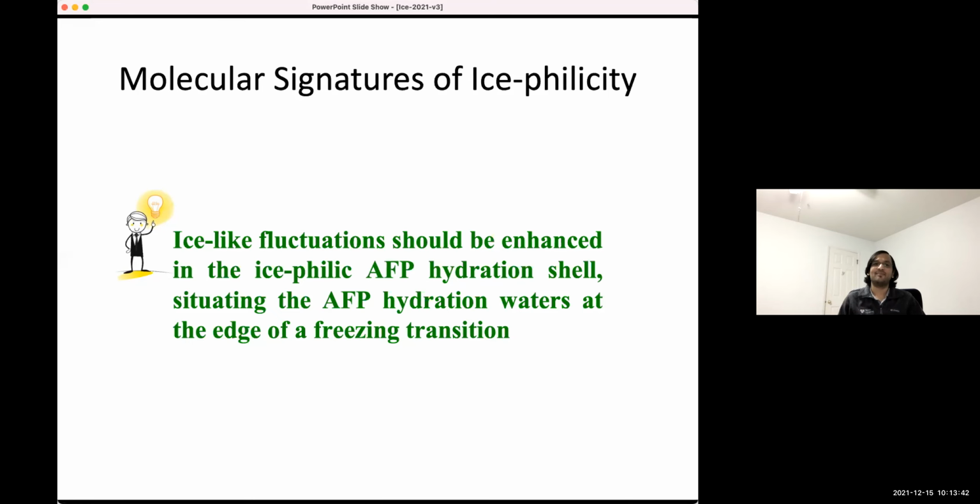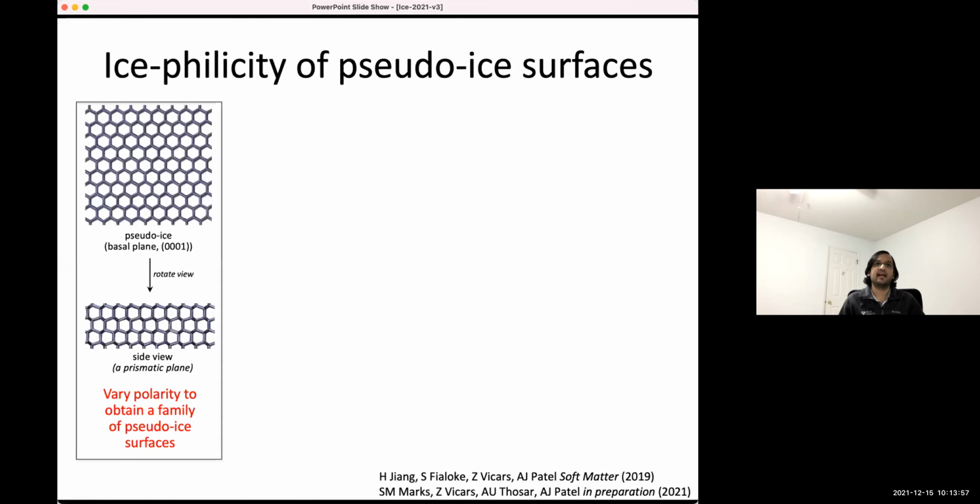And that turns out to be an interesting question that, when we first started thinking about this, it wasn't clear what the answer should be. So we started with the simplest possible surface that we could imagine. We started with ice itself. The one thing that we do know is that the surface of ice should like ice.